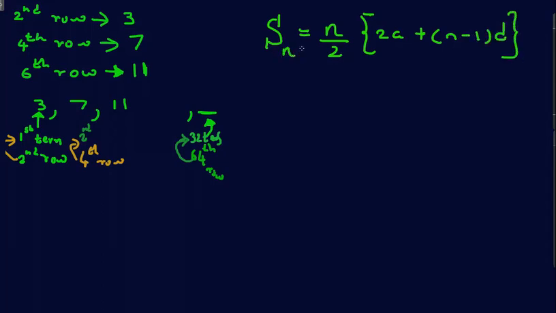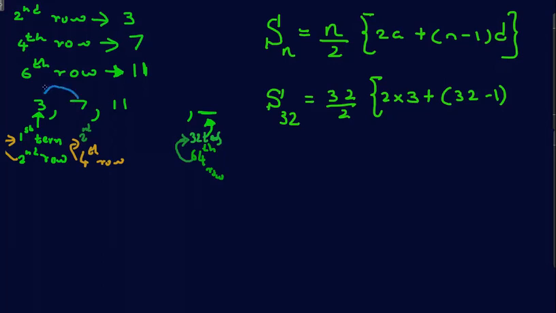So we are trying to find S_32, the sum of the 32 terms of this green color arithmetic progression. So 32 over 2, times 2 times the first term, that's 3, plus n minus 1, that's 32 minus 1, times d, the common difference of this green color progression. That's 7 minus 3, which is 4. So we put 4.